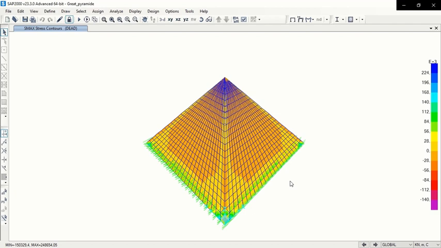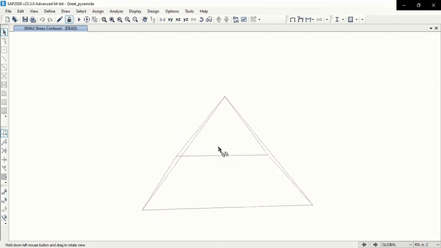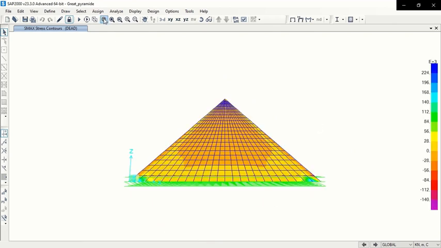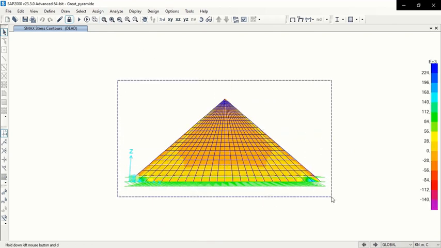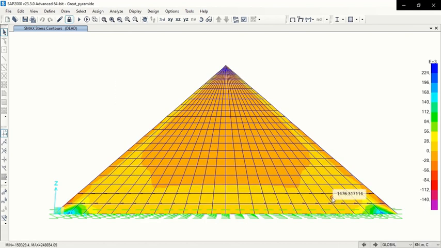The results show the stress behavior. And we see most of the internal structure is in compression. See? And then in tension.